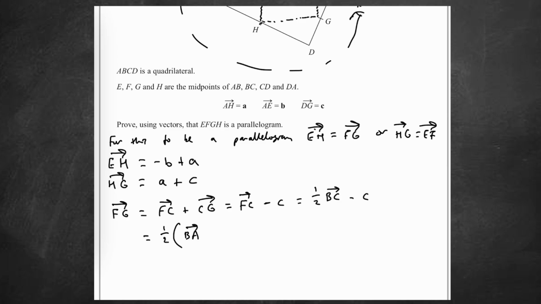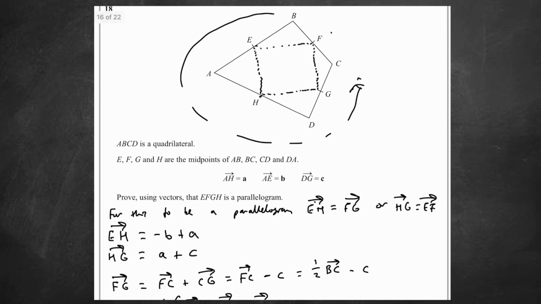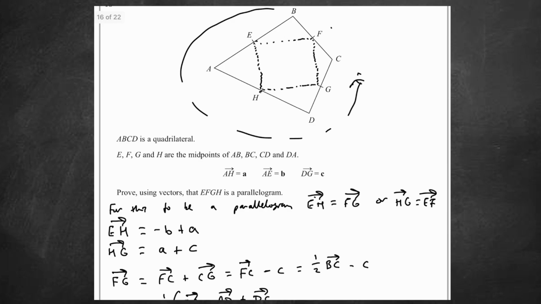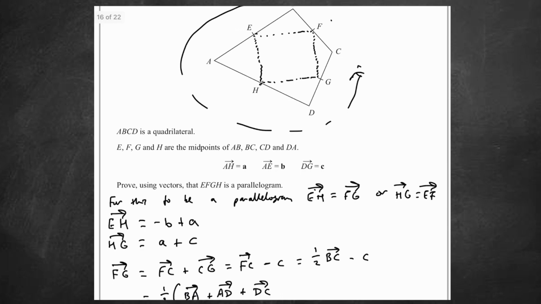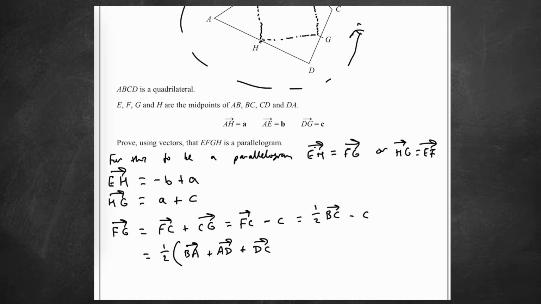BA plus AD plus DC. So BA is just going to be the same as EA doubled, and we said EA is going to be the opposite of AE, so EA is minus B. So BA is minus 2B.